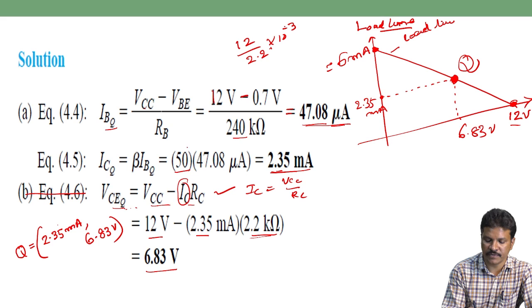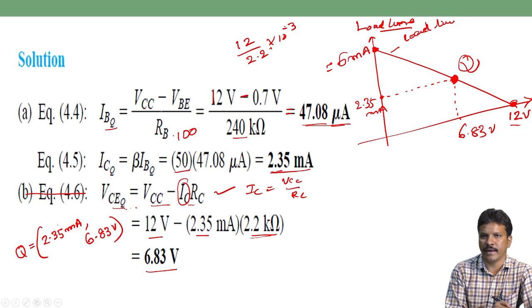Due to temperature, this 50 is varied to 100. If it is multiplied by 100, we'll get 4.7 milliampere.